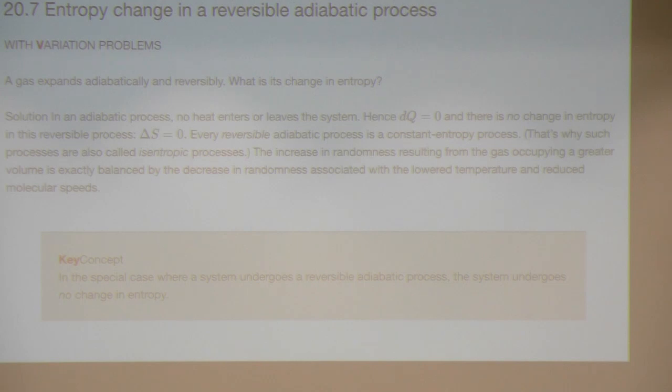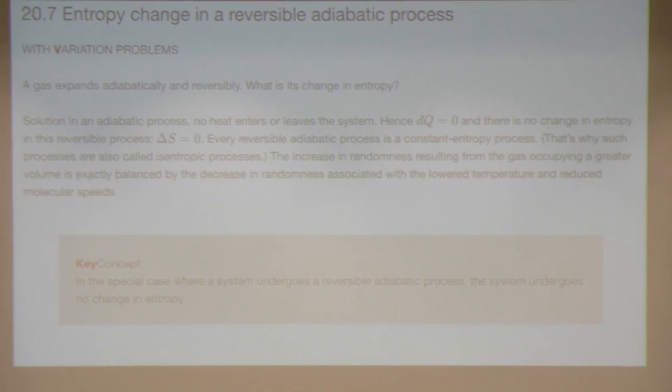And the increase in randomness, they like to use that expression, from the gas occupying a greater volume. I don't like that. I'd say the increase in the multiplicity, because the gas can occupy more places in a larger volume, so it has a higher multiplicity.